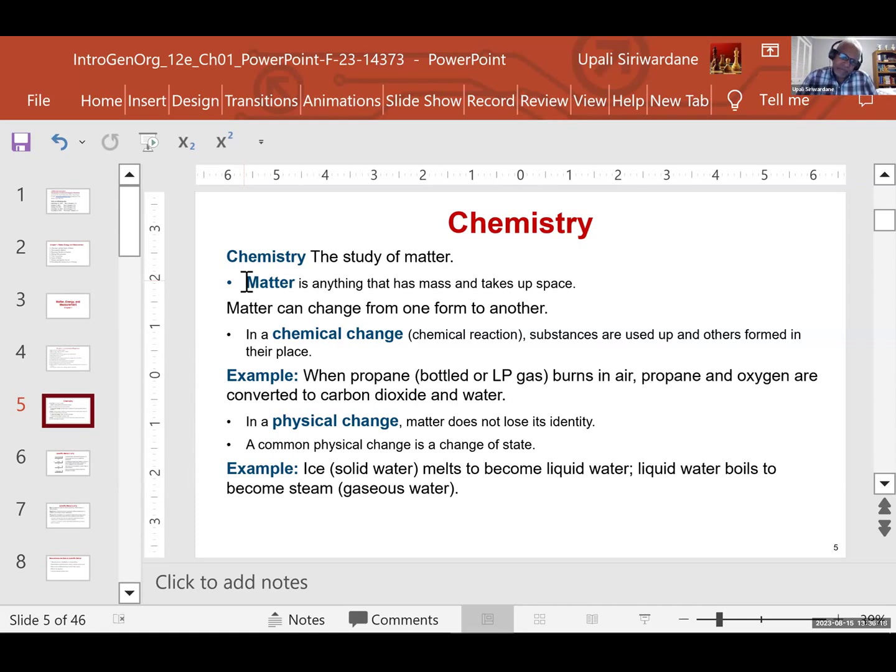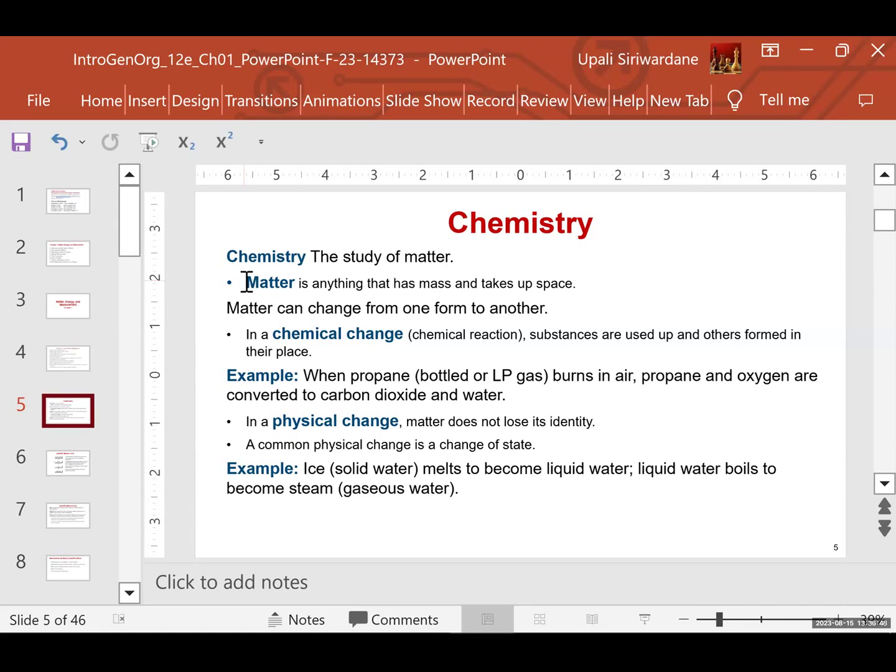Chemical change is when matter changes completely from one form to another form. For example, if you burn hydrogen and oxygen, you get water, and a large amount of energy is released. That's a chemical reaction.